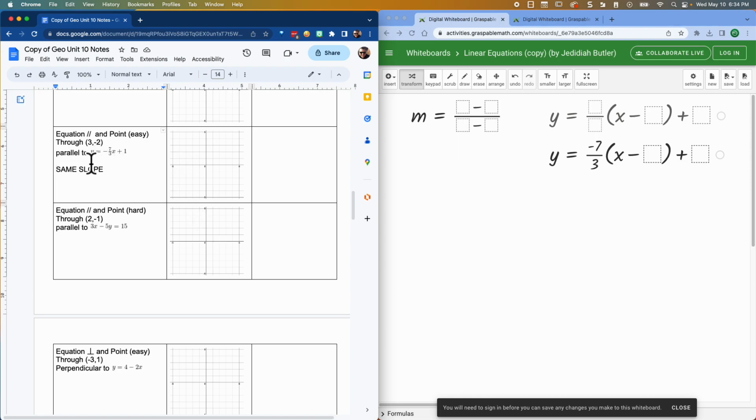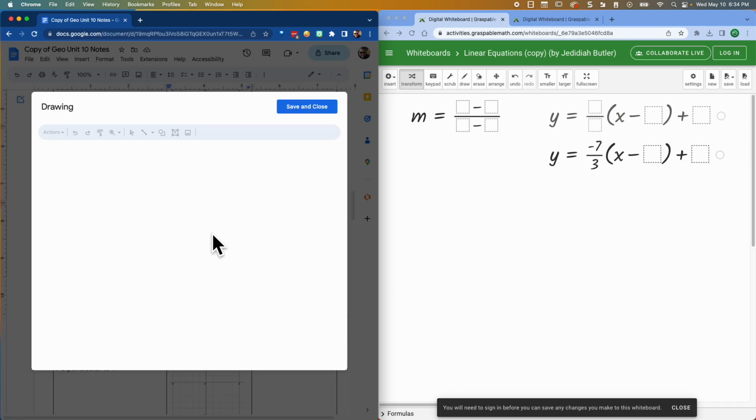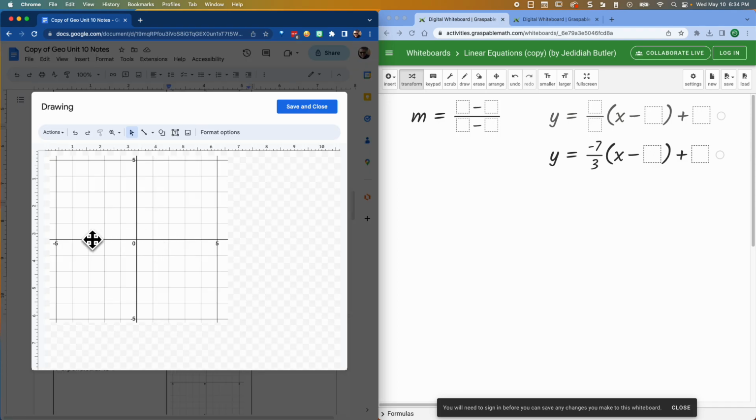And now if I wanted to try and graph this, we could do that, but I really just want to focus on graphing the one line that's going to go through 3, -2, but has a slope of negative 7/3. So that's actually going to go kind of off my grid there, which is a little bit harder, but that's okay. Let's edit this. So I have 3, -2, and it's going to go negative 7/3.